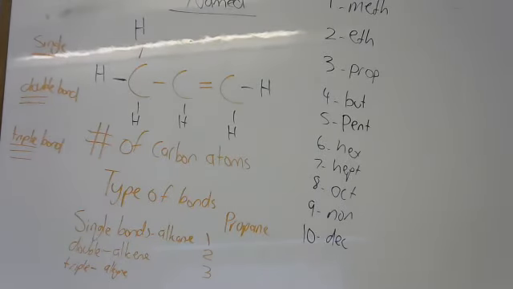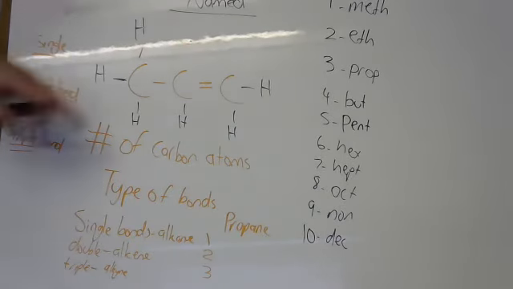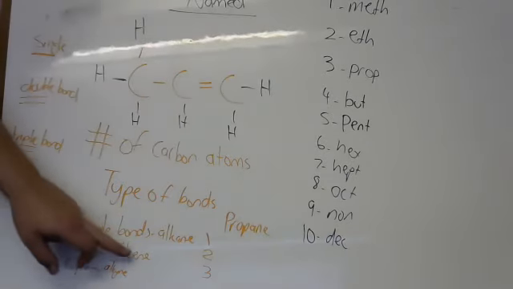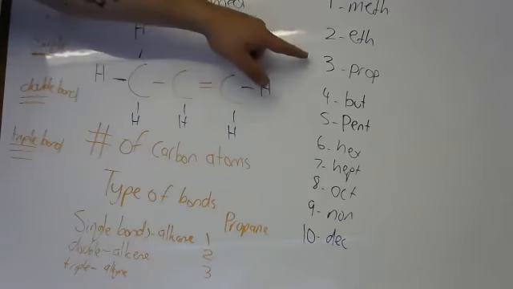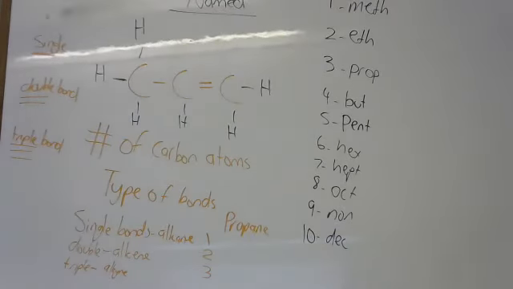So Izzy says propene, but she thinks she's wrong. Izzy, you are correct. With the presence of a double bond, it's an alkene. Three carbons is propene.